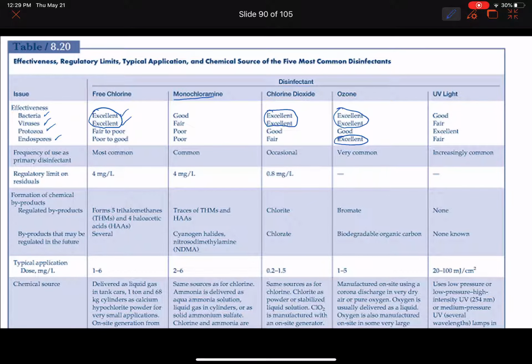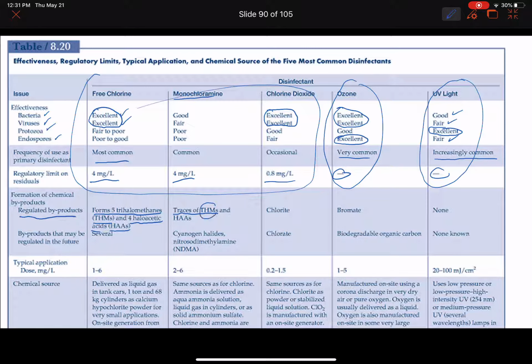That's not good. Monochloramine will form traces of THM. THM is trihalomethane, and HAA is haloacetic acid. Chlorine dioxide will produce chlorite. Ozone will produce bromate. UV does not produce anything.